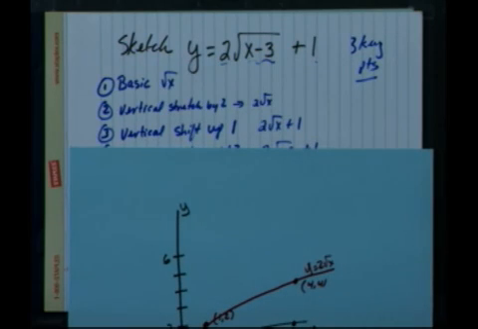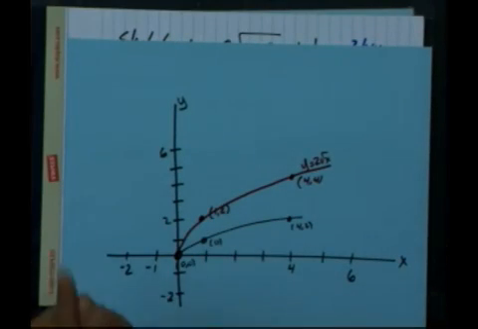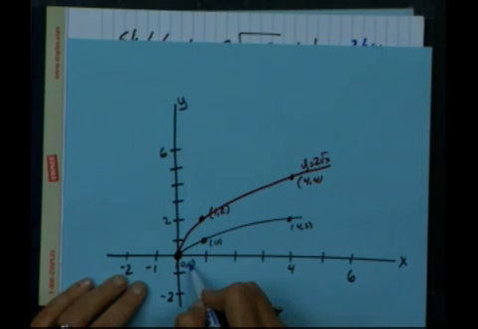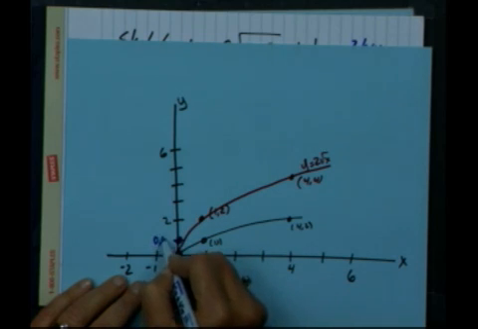Vertical shift up. Vertical, we think y. We're taking y's up by 1. Shift up 1. So what do I do to this? I'm going to add 1 to the y values. So add 1 to 0, that's 0, 1.